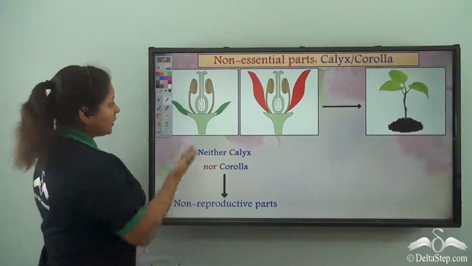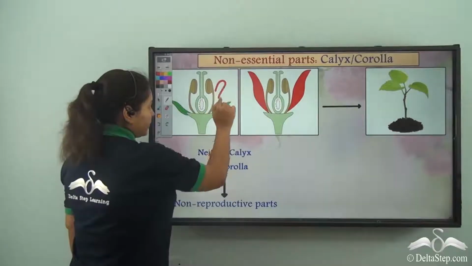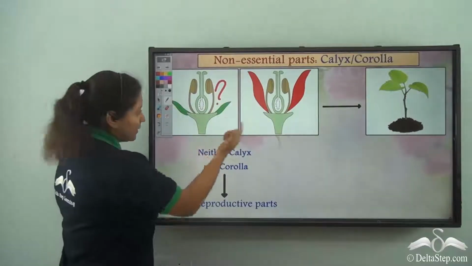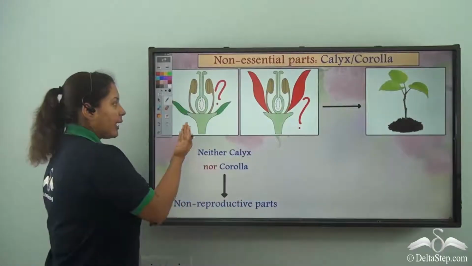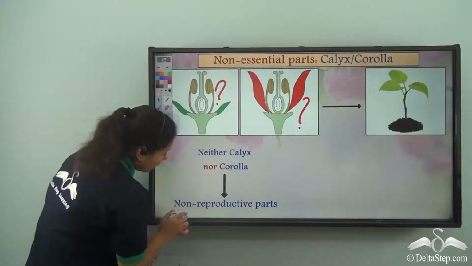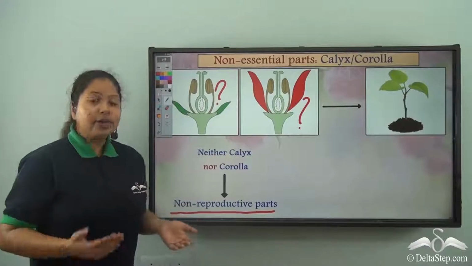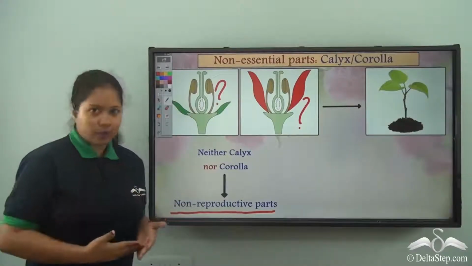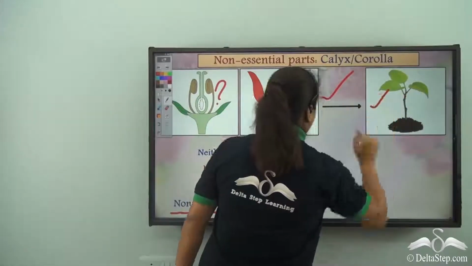Now, if you see these two flowers, this flower doesn't have corolla and this flower doesn't have calyx. See, neither calyx nor corolla. So, calyx and corolla are the non-reproductive parts. Even if a flower does not have calyx or corolla, still the flower can give you a plant.